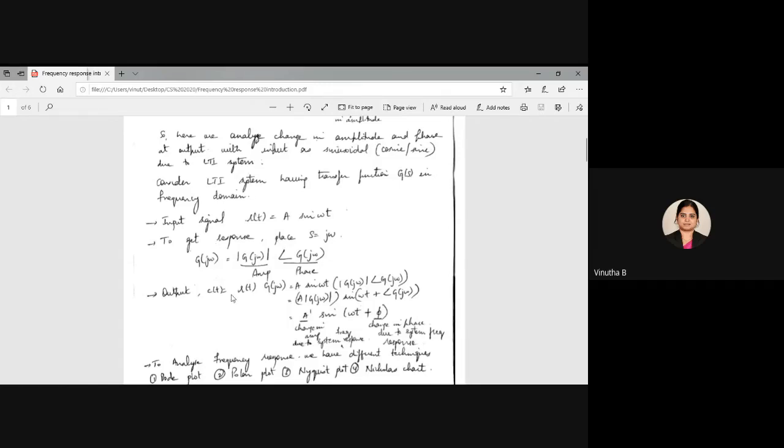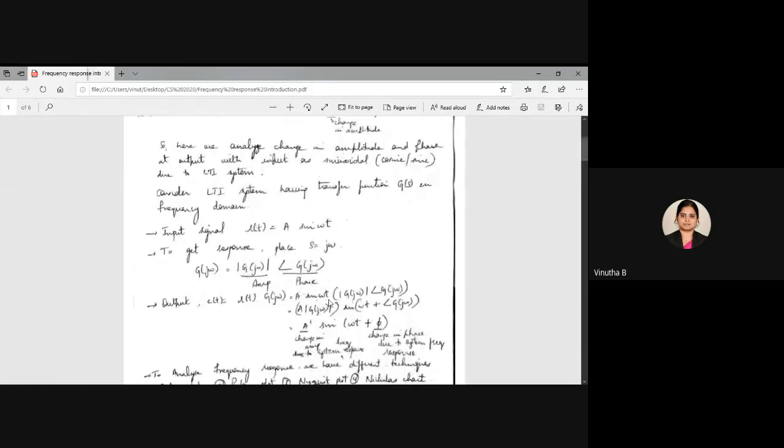So what is the output? It is C of t. You know C of t is what? From the figure that we have taken here, the block diagram, it is R of t into G of s. So what is R of t? It is A sine omega t, and G of s is nothing but G of j omega, which is given by mod of G of j omega into angle G of j omega.